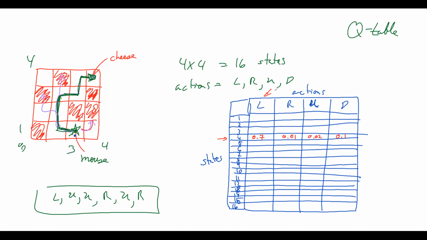Now, the problem is that initially the Q table has no information. So initially the Q table is basically blank, all zeros. You see that? So it's going to be all zeros. And so when you start taking actions, you have to take them randomly. So you take a lot of random actions, random moves, but you're hoping that as you take a move and get the state and the reward, you learn.